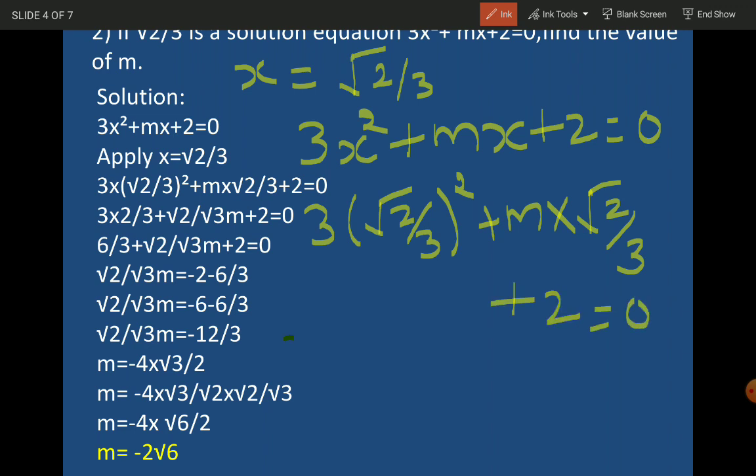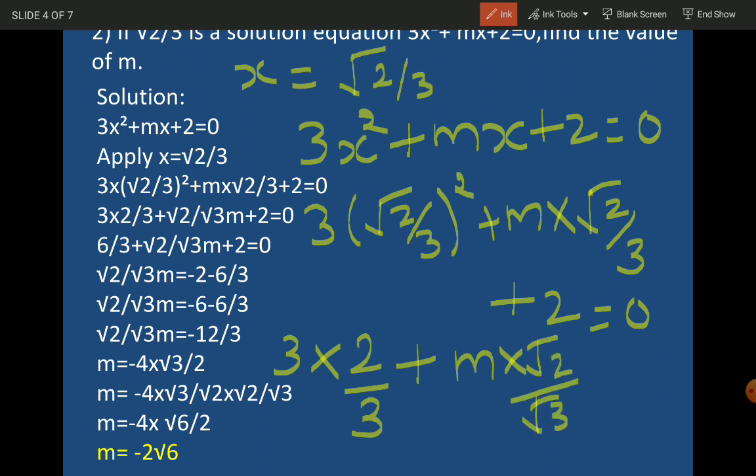See here, 3 into, root 2 into root 2, we get 2, by root 3 into root 3, we get 3, plus m into root 2 by root 3, plus 2 equal to 0.